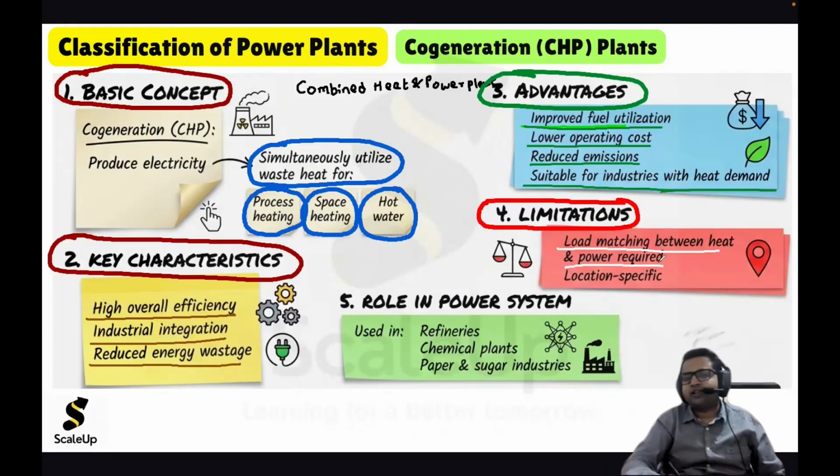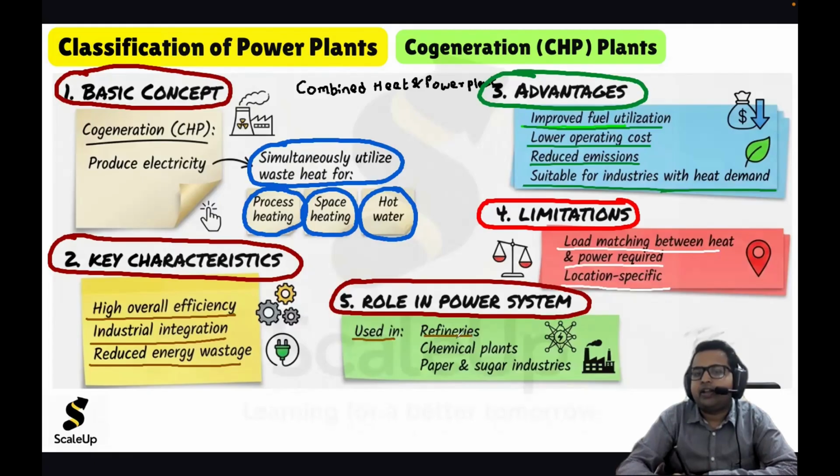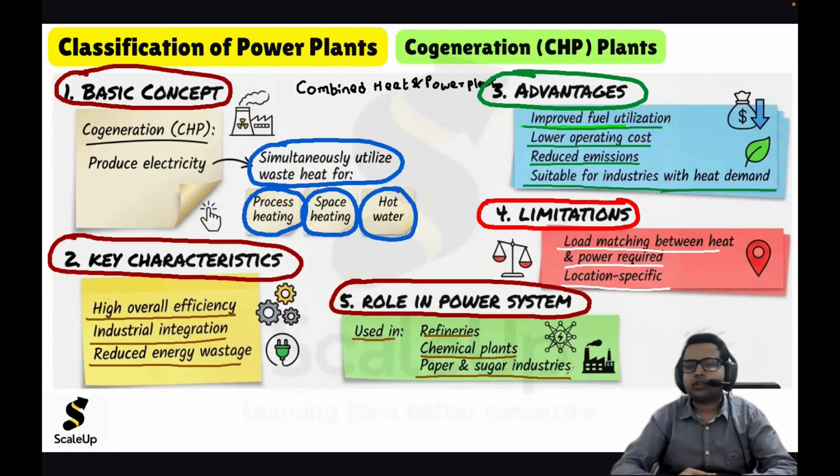So load matching is always a challenge, and it is location specific, wherein we cannot set up cogeneration power plants independently. We have to integrate them with industries. If we talk about role in power systems, they are used in refineries where heat is being used, chemical plants, paper and sugar industries. So these are the places where cogeneration power plants are used.